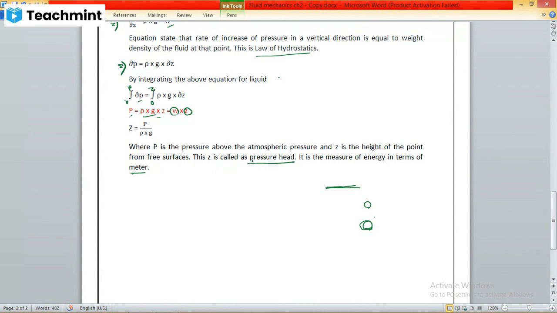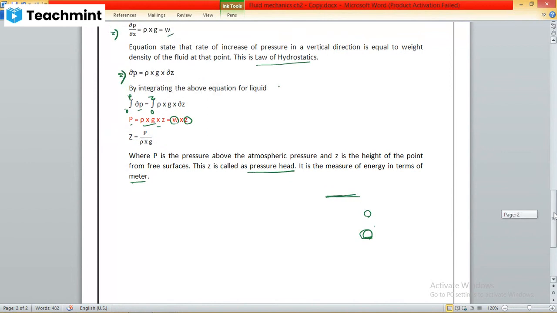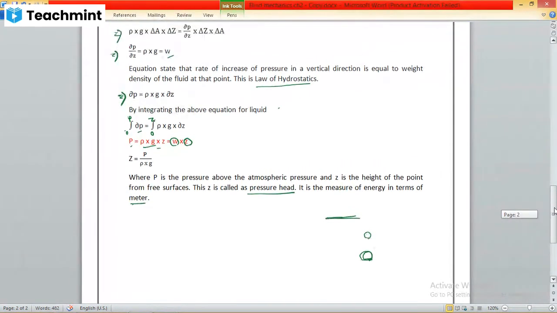Pressure head is the measure of pressure energy in terms of meters, which is equal to P by rho g. With this, we have calculated the variation of pressure with the variation of depth inside the fluid, but the condition is that the fluid must be at rest. And we have discussed the law of hydrostatics.